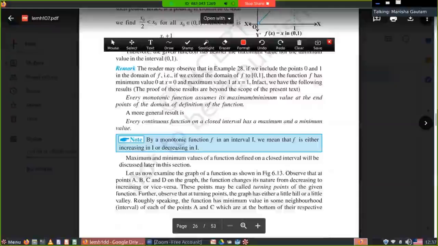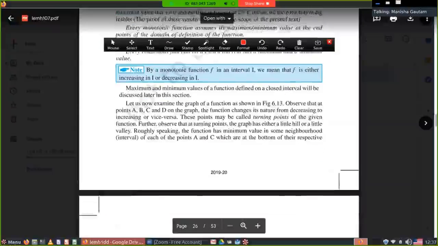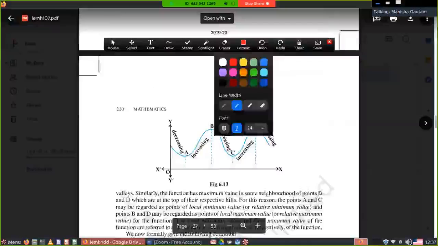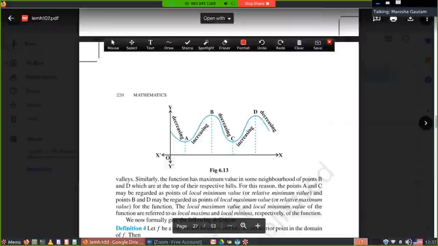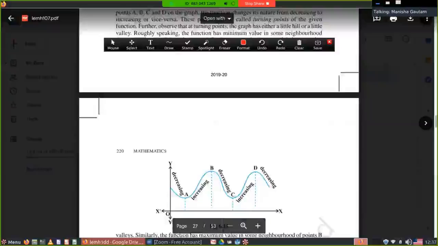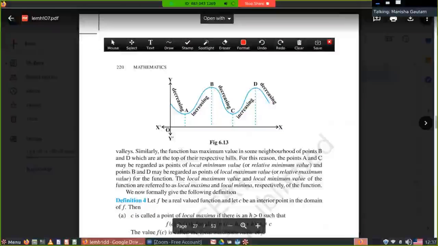Now read these concepts, remarks. You have to read these graphs. Now one more graph is given here. In this graph, there are 2 peaks and 2 downs, and 2 points A and C which are showing minimum.